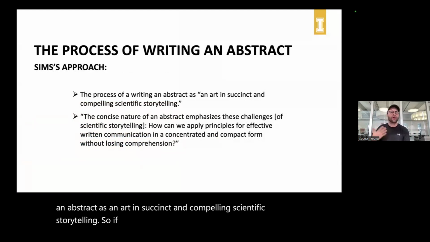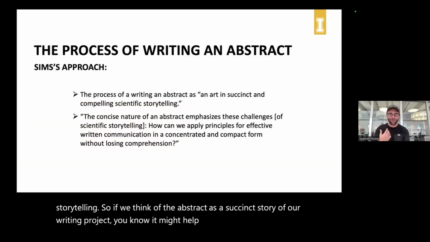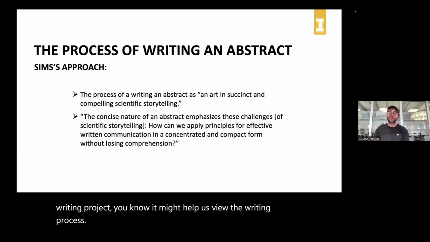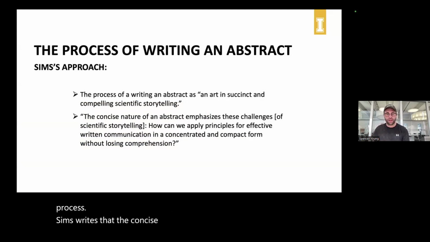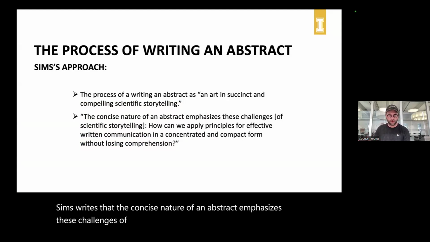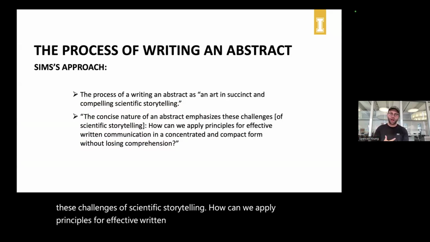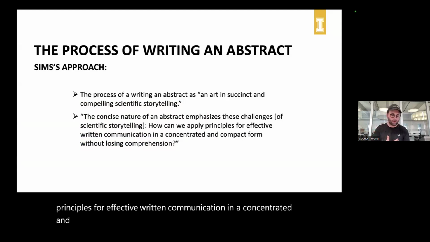So if we think of the abstract as a succinct story of our writing project, it might help us view the writing process in a new way. Sims writes that the concise nature of an abstract emphasizes these challenges of scientific storytelling. How can we apply principles for effective written communication in a concentrated and compact form without losing comprehension?